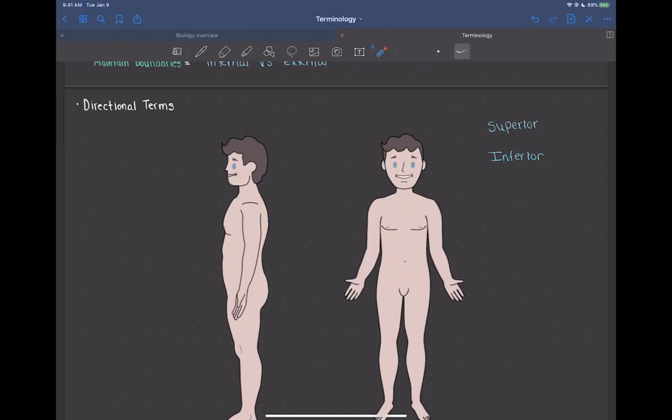But you always need to be relating two things to each other, right? So these directional terms are relative. Something is superior to something else or inferior to something else. All right, and so superior would just mean that something is above, all right, and inferior would mean something is below, okay? So superior, inferior, above and below.